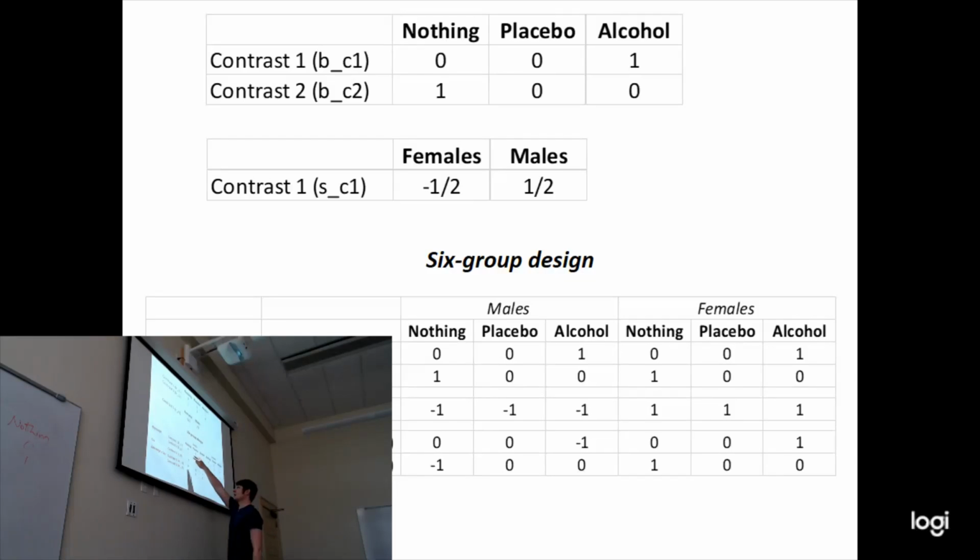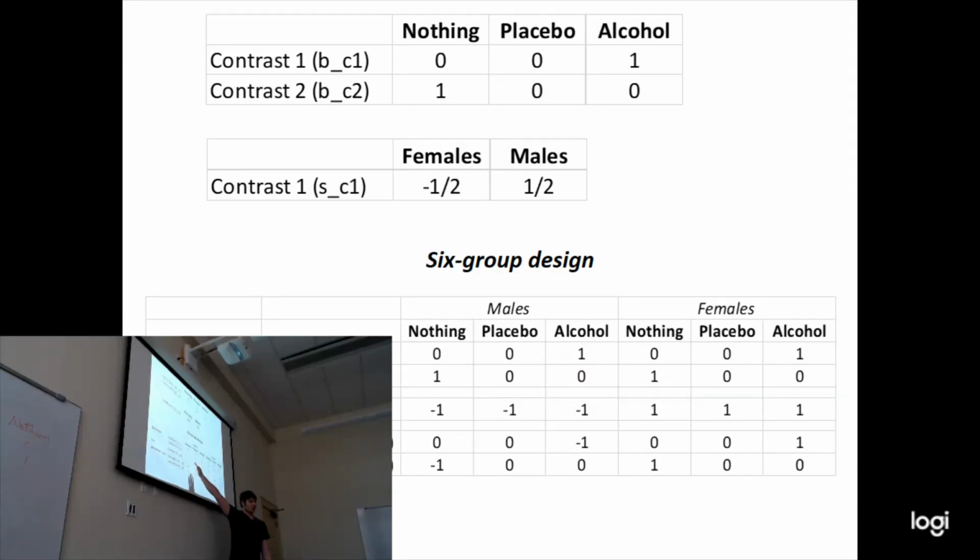So what I've done for these 2 contrasts is that I just duplicated these numbers for males and females because, you know, they are each treated the same when I'm thinking about the pure effect of the comparison between placebo and alcohol. And likewise, when I'm looking at the pure effect of placebo versus nothing.